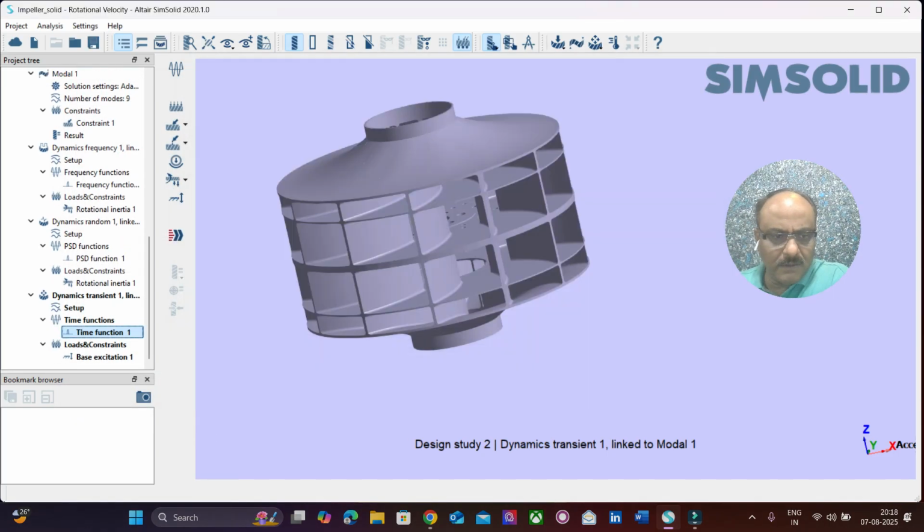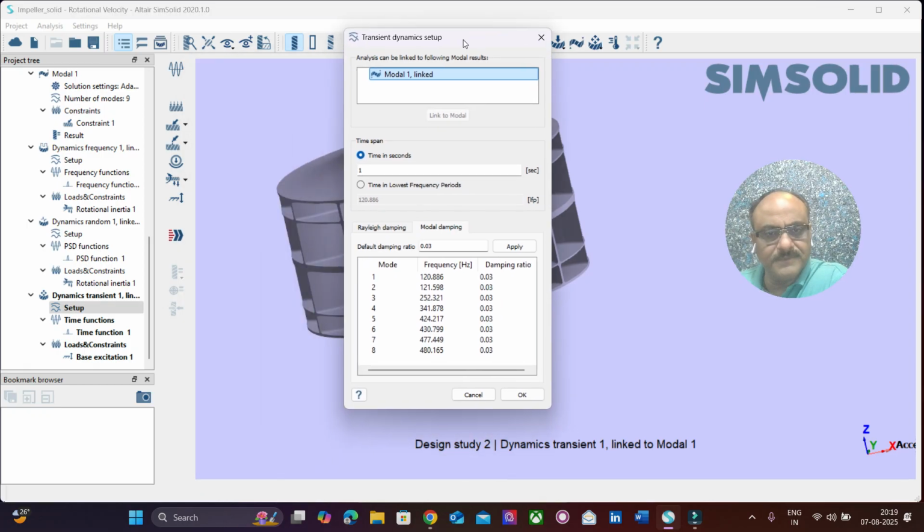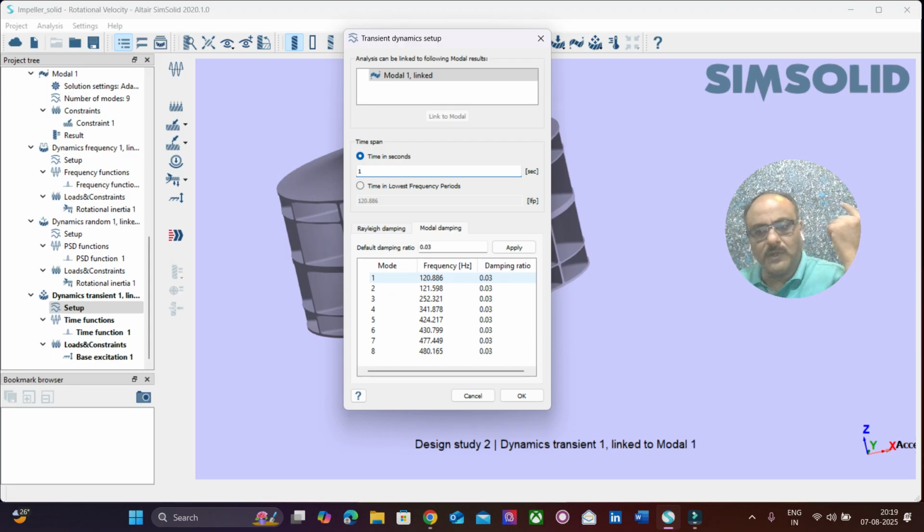So now, performing this simulation by giving the time functions as well as the excitations, the g force, we are giving a setup. We are defining the time as about 1 second, and then we have the range of frequencies, the forced frequencies, not the natural frequency, the operating frequency.